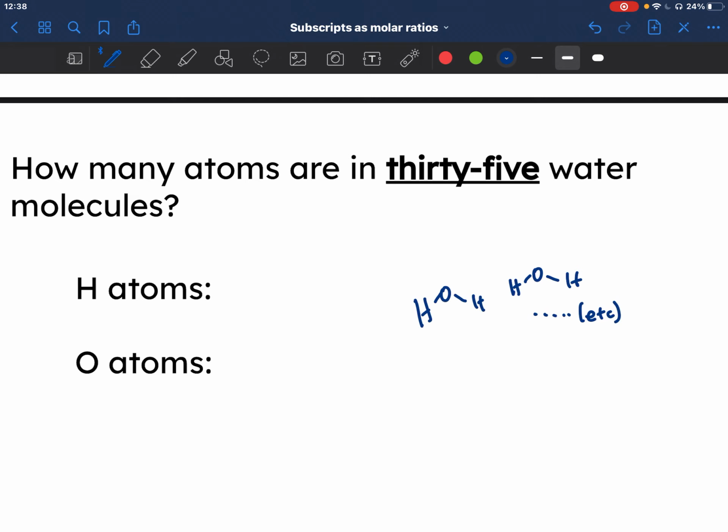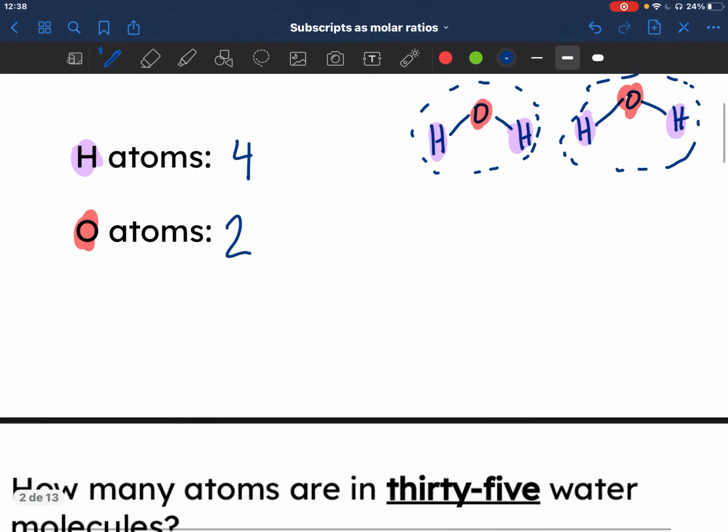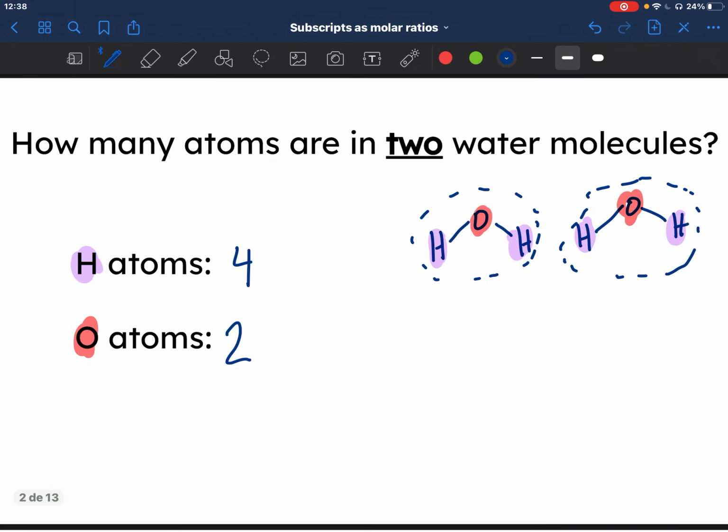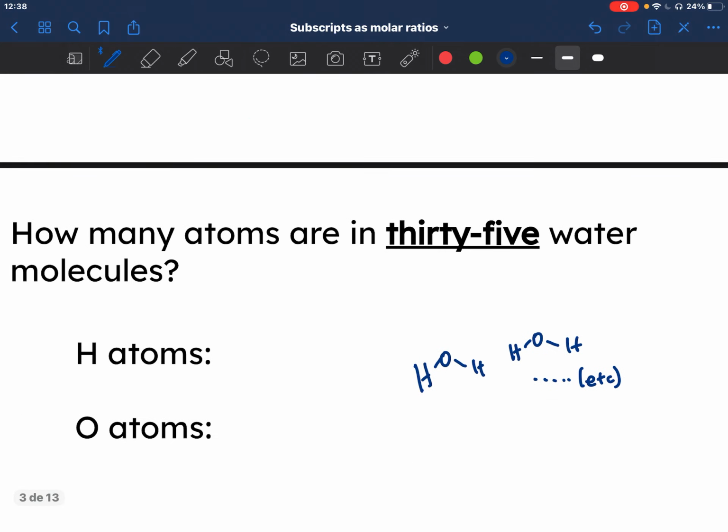if I had 35 individual water molecules, up here, when I had two water molecules, I saw I had 4 hydrogen atoms. There's 2 hydrogen atoms in each molecule. So if I had 35 water molecules, well, I would have 70 hydrogen atoms and 35 oxygen atoms.